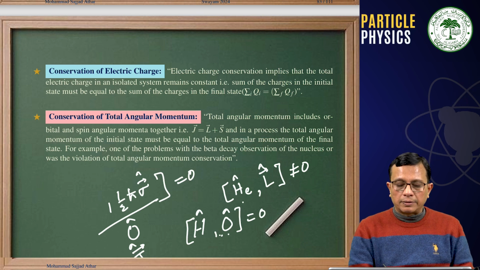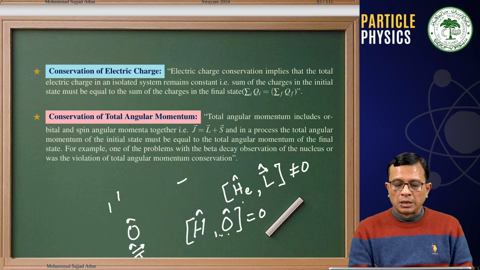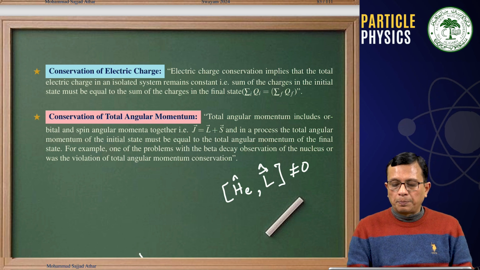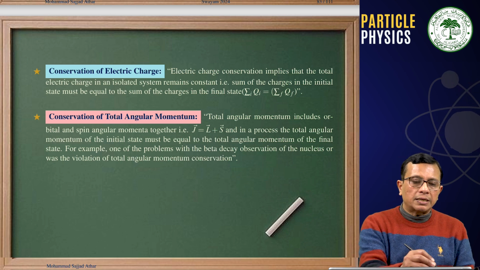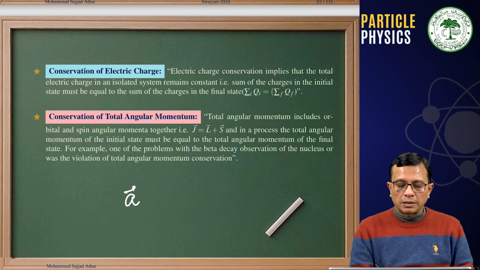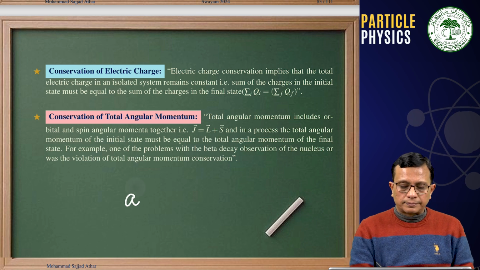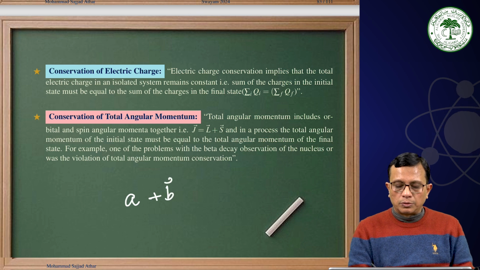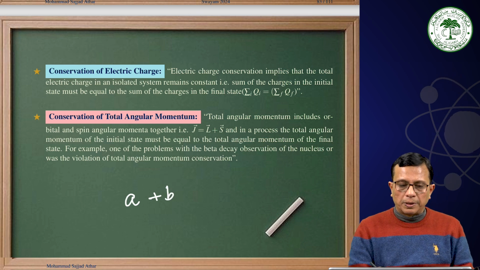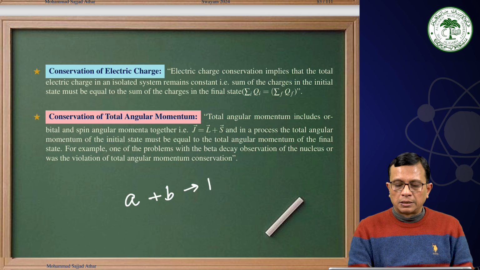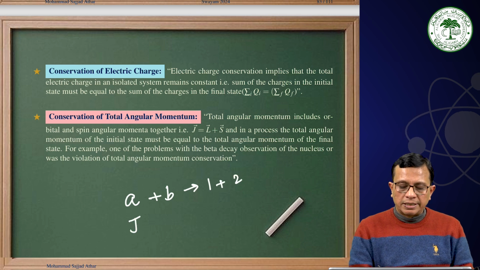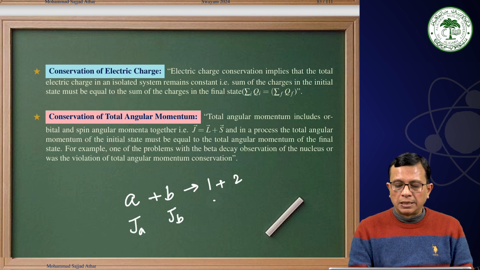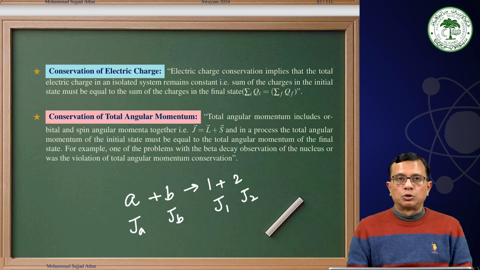And then suppose I am talking about a reaction A plus B going to 1 plus 2 in the final state, where we have JA, JB, J1, J2.